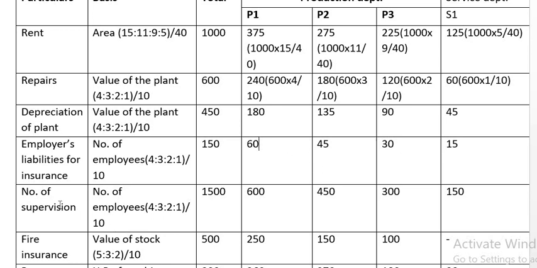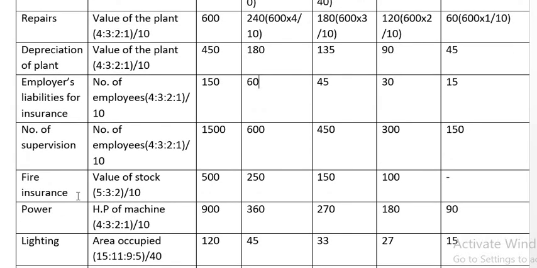Next, number of supervision. The actual total is 1500. We distribute the 1500 on the basis of number of employees, that is 4:3:2:1. Then it comes 600, 450, 300, 150.